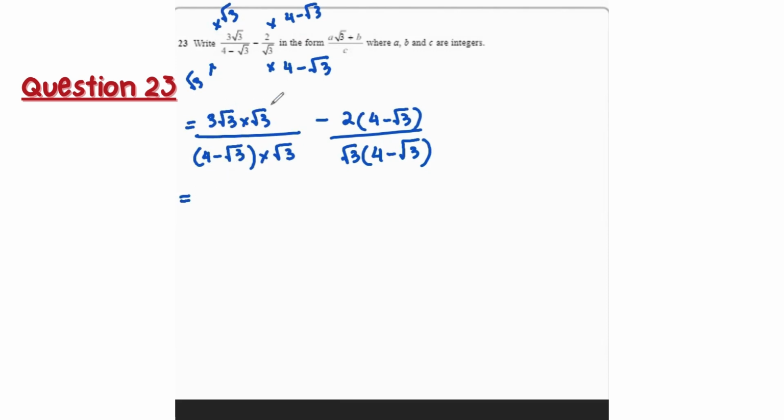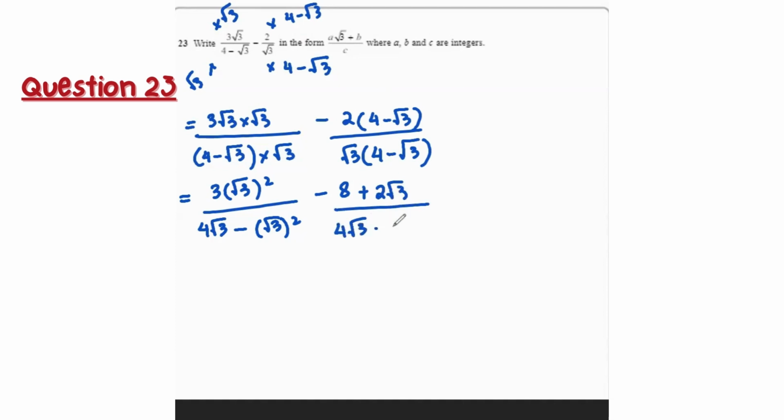So 3 root 3 times root 3 is going to be 3 times root 3 squared. 4 minus root 3 times root 3 is 4 root 3 minus root 3 squared again. Over here, 2 times 4 is 8, and negative 2 times negative root 3 is going to be positive 2 root 3 over 4 root 3 minus root 3 squared.